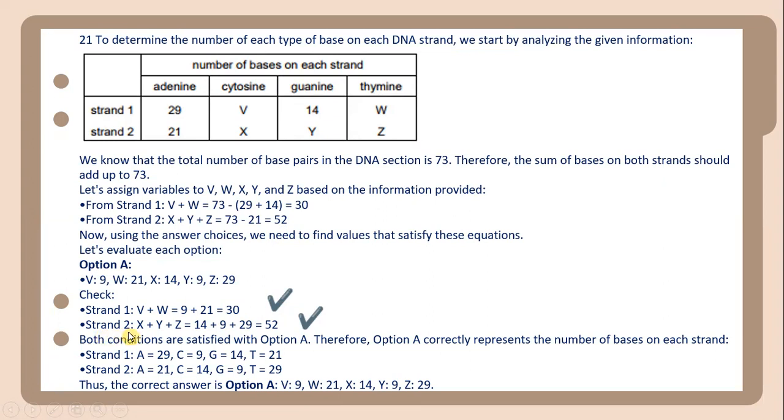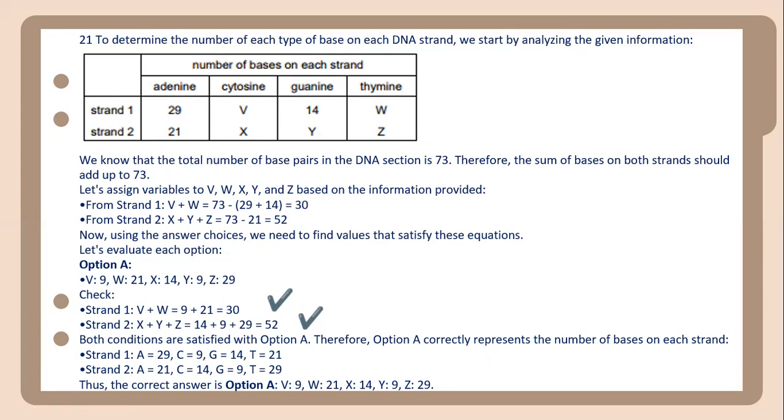Strand 2, X plus Y plus Z is equal to 14 plus 9 plus 29, you get the value of 52. So both conditions are satisfied with option A. Therefore, option A correctly represents the number of bases on each strand.